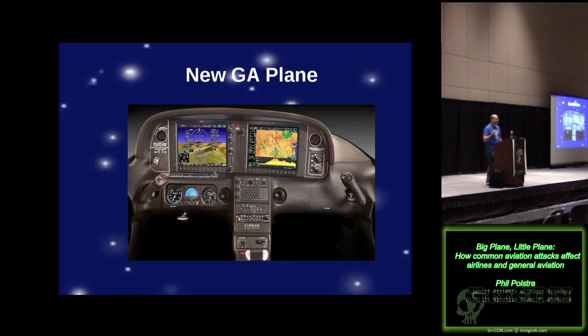There are other aircraft that have very similar avionics systems, what we call glass cockpit airplanes. This is a G1000 system from Garmin. Right? Really nice stuff. What do you think? Is the attack surface a little bit larger on this aircraft? Yeah. There's a little bit more electronics, a little bit more software going on here.